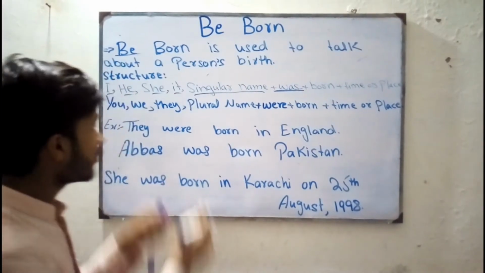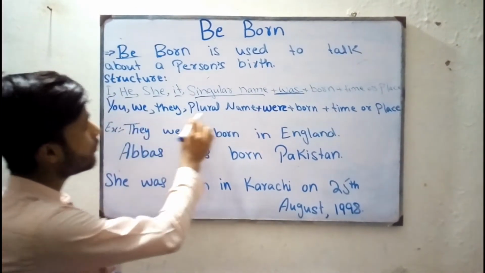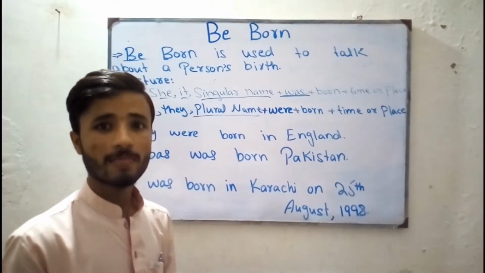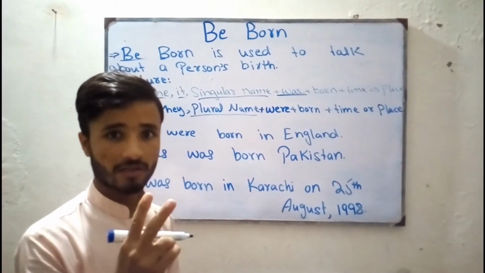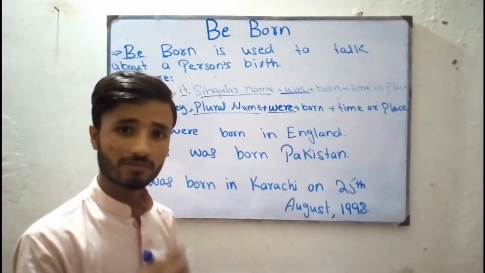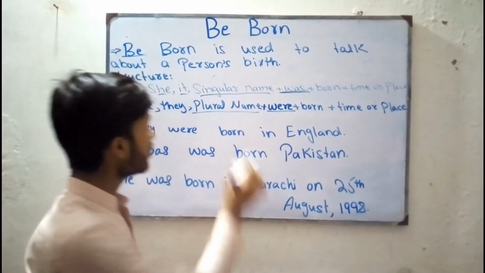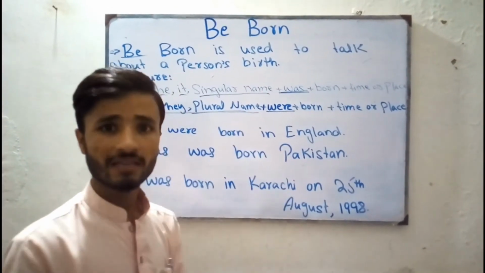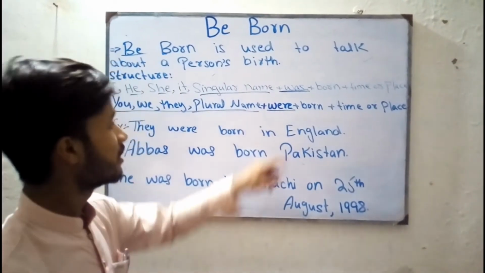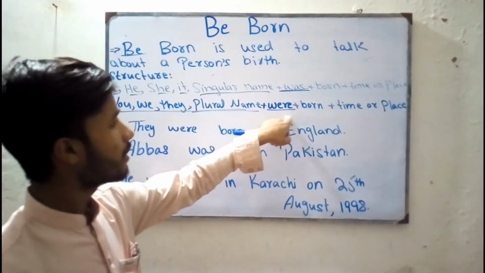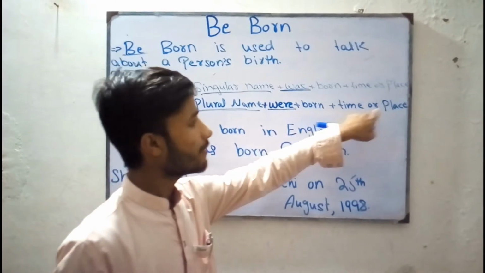So in this structure, you, we, they, plural name, what does it mean? It means that we have two names, and after two names we have to use were. With those subjects which are plural, we use were. So you, we, they, plural name plus were plus born plus time or place.